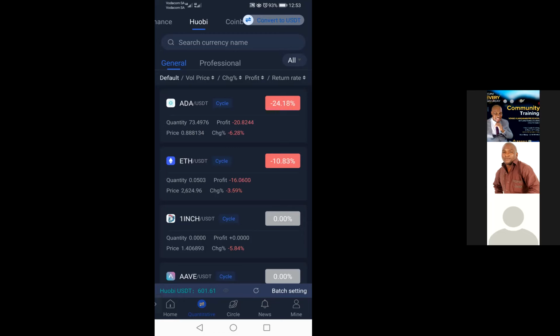Now, with that amount, we want to see what else we can do with the remainder. You see, 635 minus 313, we have an amount of $322. Yes. So we can actually trade another coin with the settings for 300.